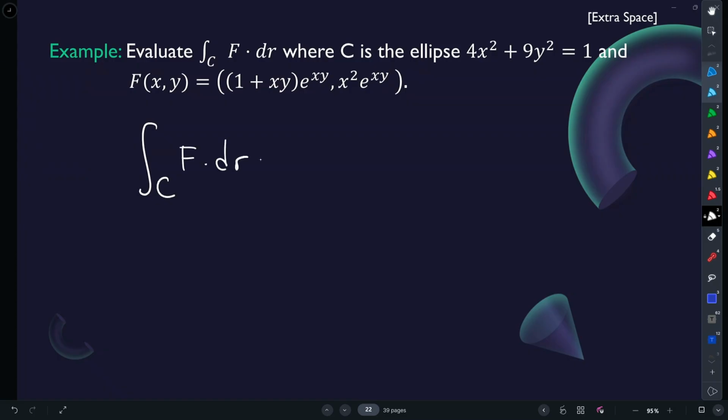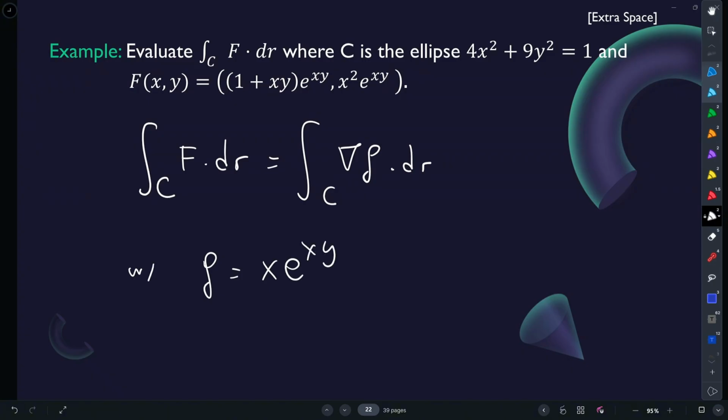This, which is the same as this, where f is x e to the xy, has to be 0 because C is a closed loop.